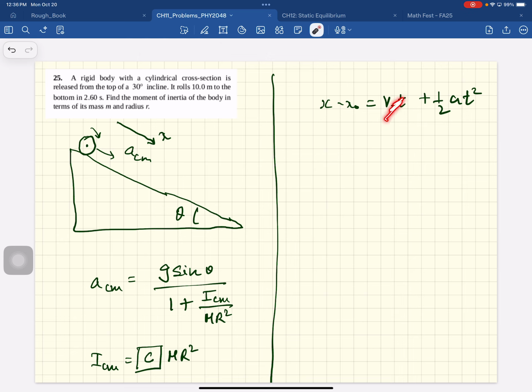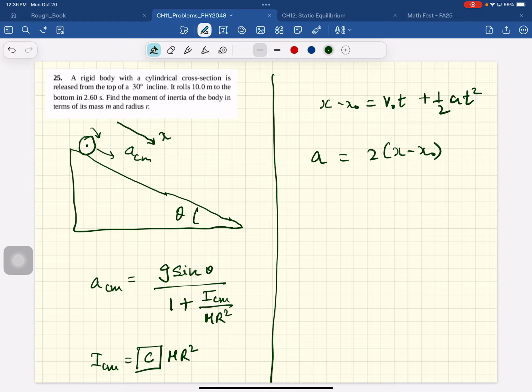It starts at rest. We know the time of roll. We know this is 10 meters, so we can calculate a. So a is 2 times x minus x naught divided by t squared. Okay, so that's the acceleration of the object.